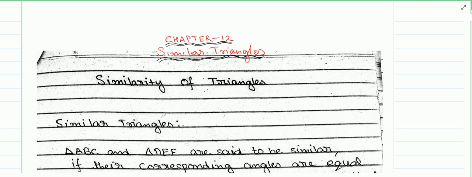So firstly, try to understand what we mean by similar triangles. In short, two triangles are called similar triangles if they are exactly the same shape wise, not size wise.